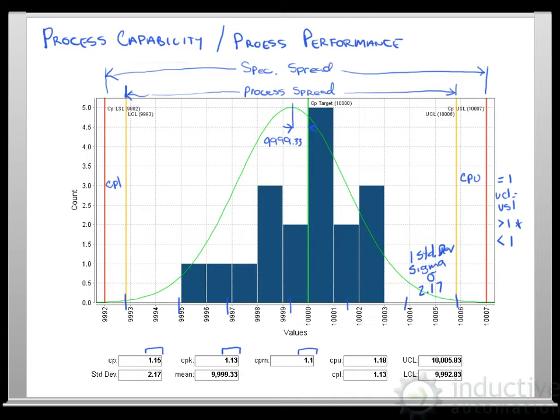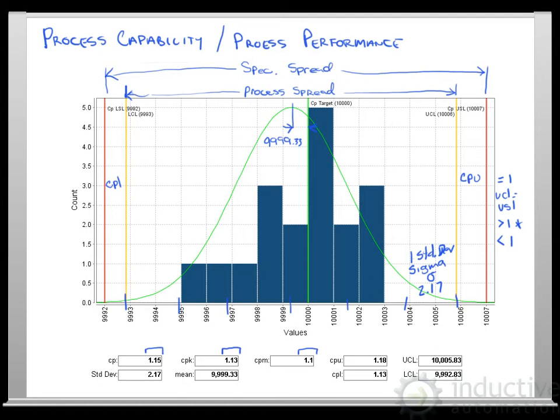So we can definitely see how the process capability chart can show us how we're doing, and we can look at this over time and see if we're starting to drift off target or our process is less consistent and we're starting to see our control limits get closer to our spec limits, and these numbers will indicate that as well. But the other way it can be used is it can be a predictor.